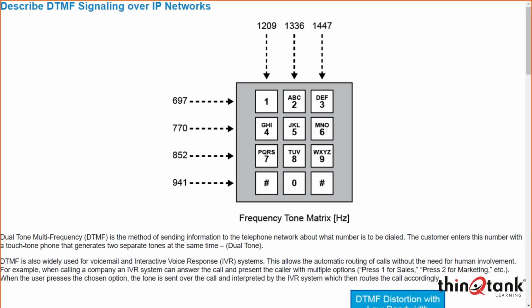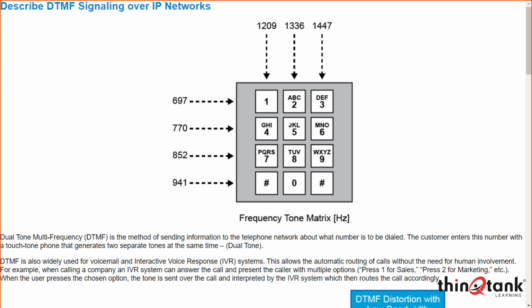So for example, if you press the 1 key, it produces a superimposition of the 697 hertz low tone and the 1209 hertz high tone. You can see the matrix here that describes that functionality.